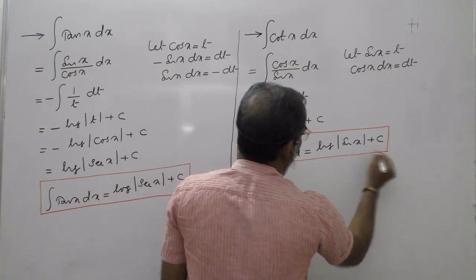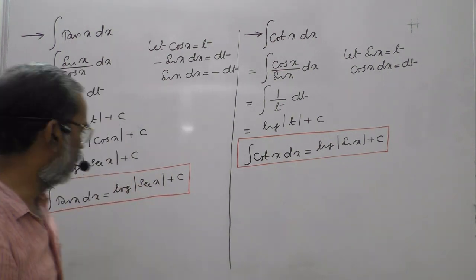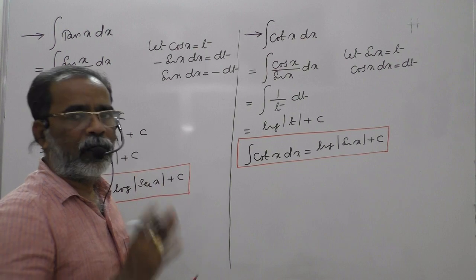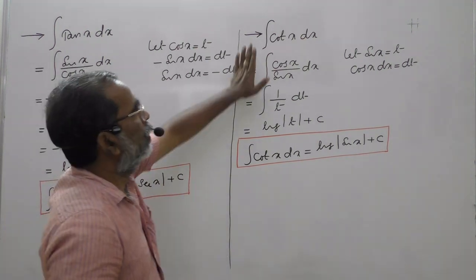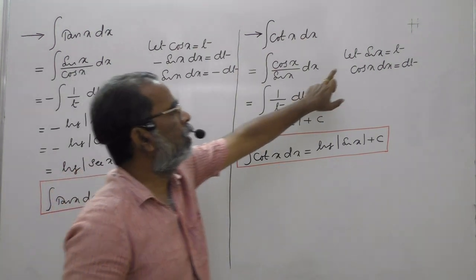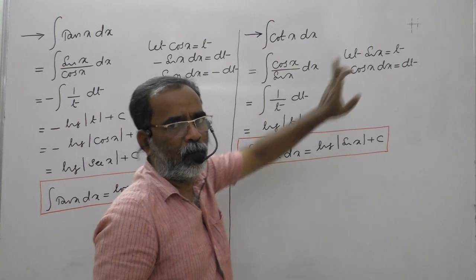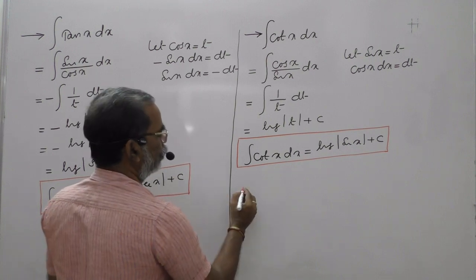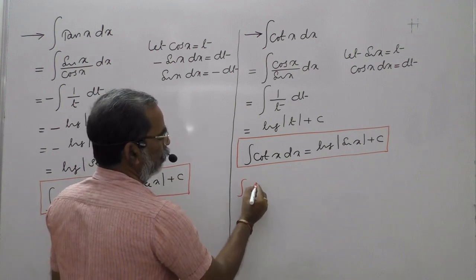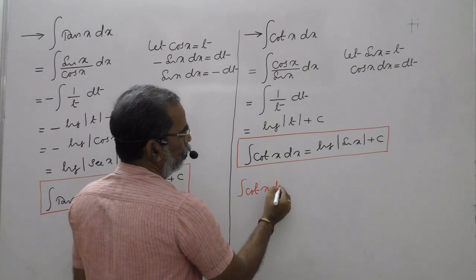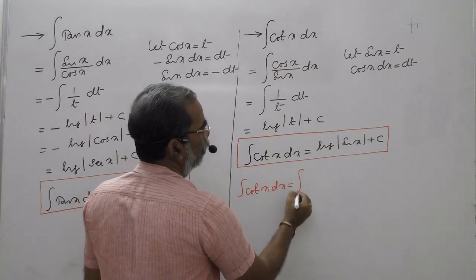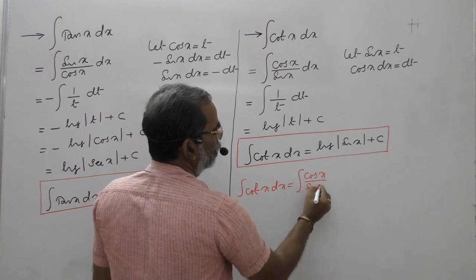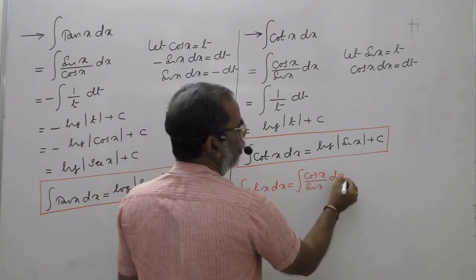This can also be added to the list. This is the formula for tan x, and this is for cot x. Listen once, no confusion. Here I have obtained this by the method of substitution. Now please see, I will do this as the integral of cot x dx equals the integral of cos x divided by sin x into dx.